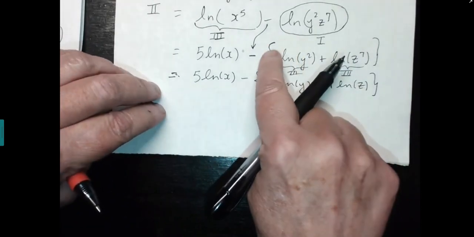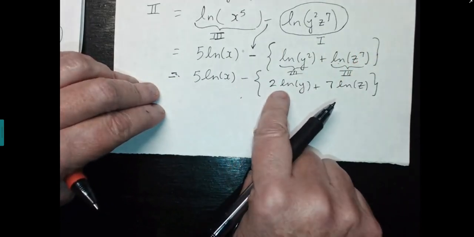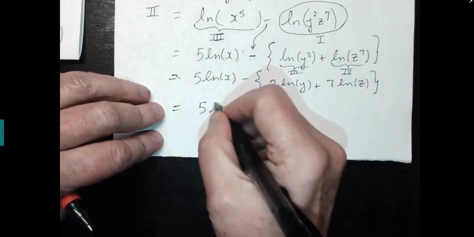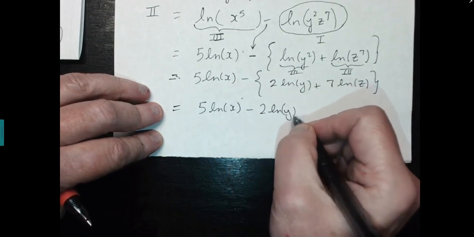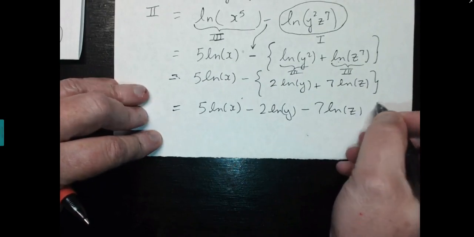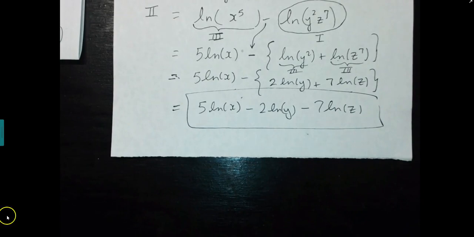A lot of students will forget to put the brackets, and they end up with the negative sign only on the first term, and then they write a plus sign, and it's wrong. So our final answer, and then minus, is what our final answer should look like. And that ends the video.